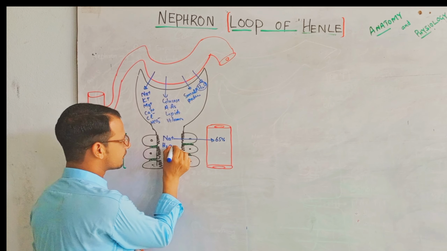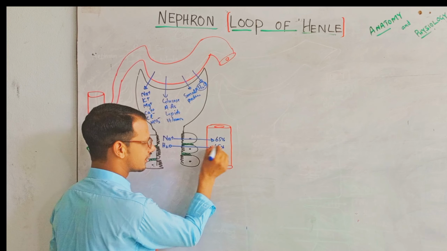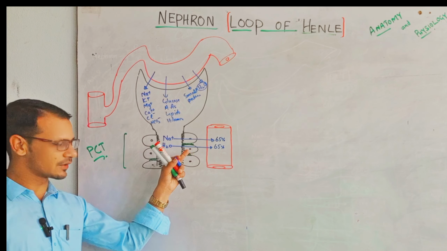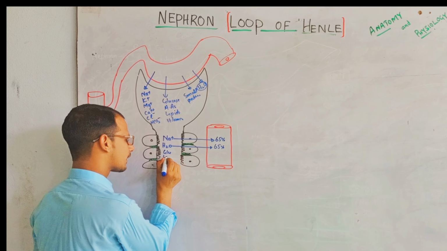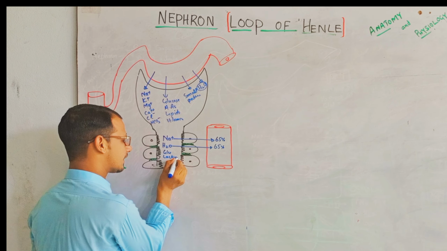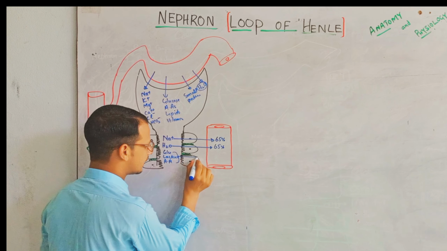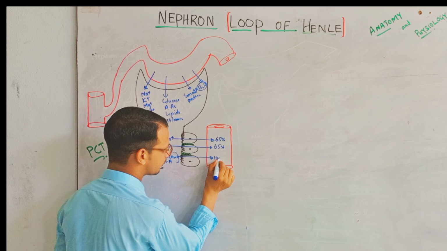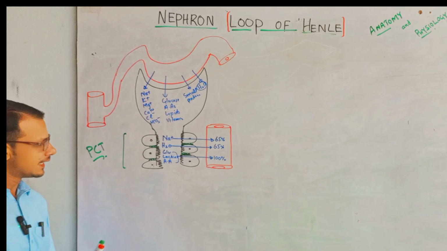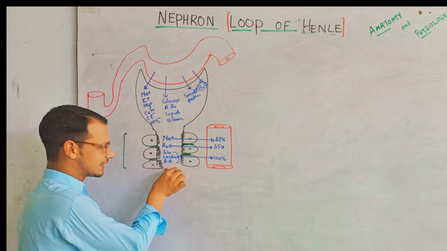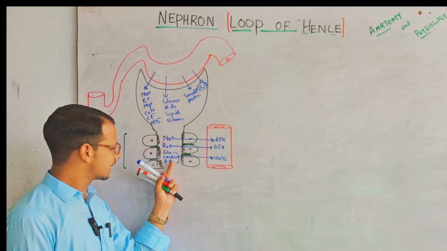Water is reabsorbing from the proximal convoluted tubule. How much? 65%. These two are very important. Except these, glucose, lactic acids, amino acids, etc., they all are reabsorbed 100%. Right? Now the remaining things, the sodium and water, are leaving here.